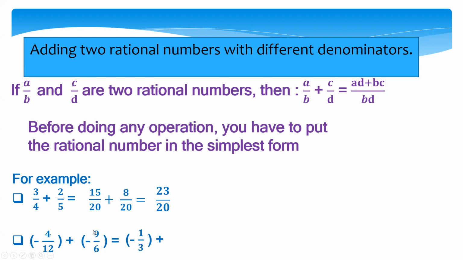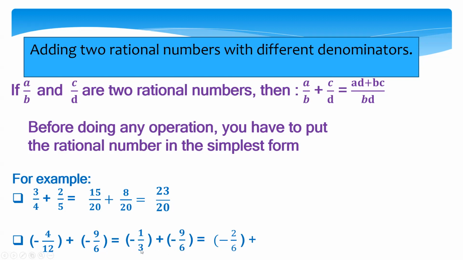The 9 is in table 3 and 6 is in table 3. I will divide the numerator by 3 and the denominator by 3. It means negative 3 over 2. Here I have negative 1 over 3 plus negative 9 over 6.